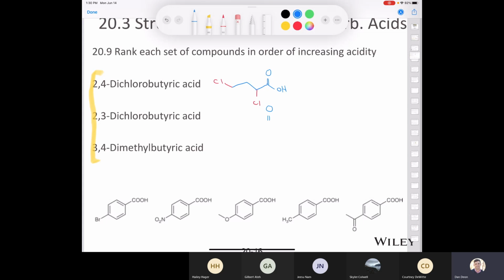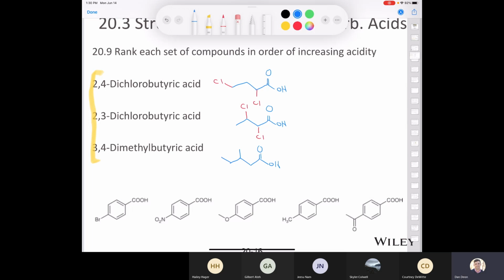Then we've got 2,3-dichlorobutyric acid. So that means we've got one at carbon 2, and we've got one at carbon 3. And then we've got 3,4-dimethyl. Yes, 3,4-dimethyl butyric acid. So 1, 2, 3, 4. So that means we've got a methyl group at carbons 3 and carbon 4, like that.